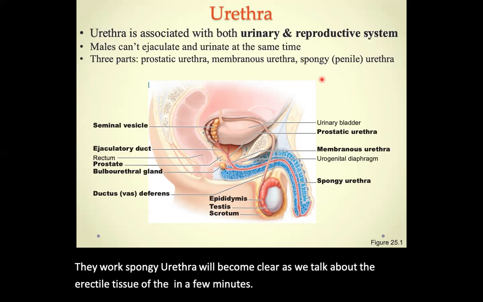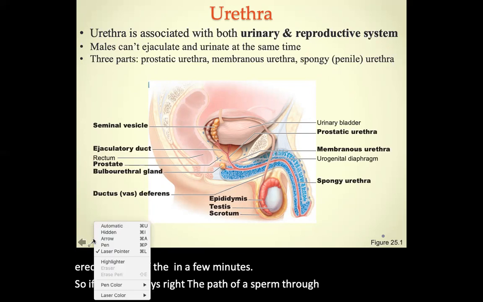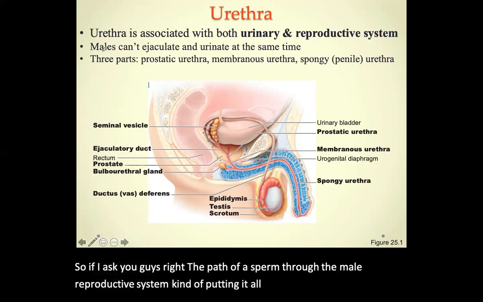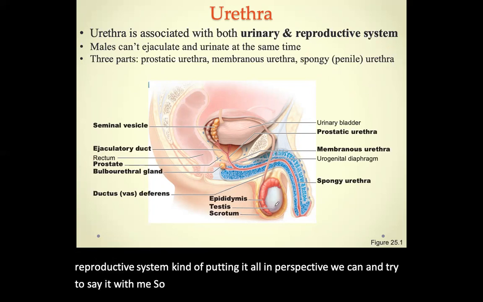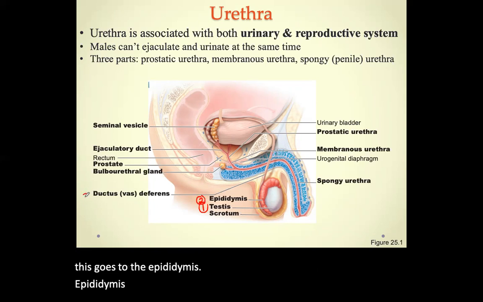So if I ask you guys, write the path of a sperm through the male reproductive system, kind of putting it all in perspective, we can try to say it with me so you will remember that. It starts with the testes. Testes goes to the epididymis. Epididymis passes through the ductus deferens.